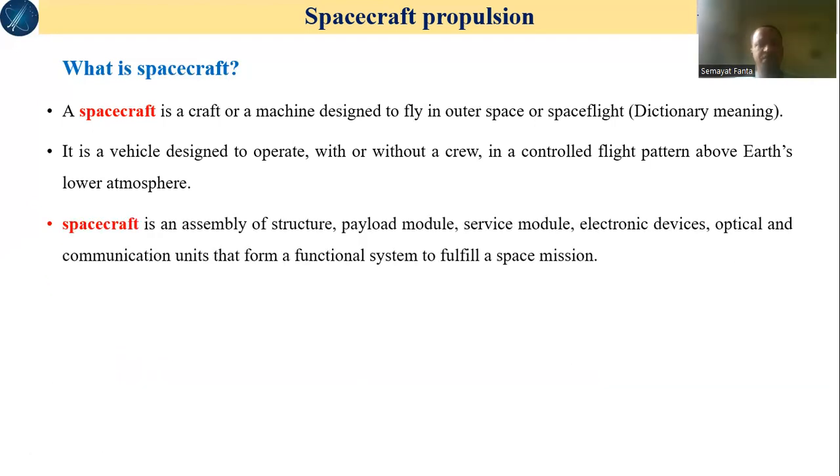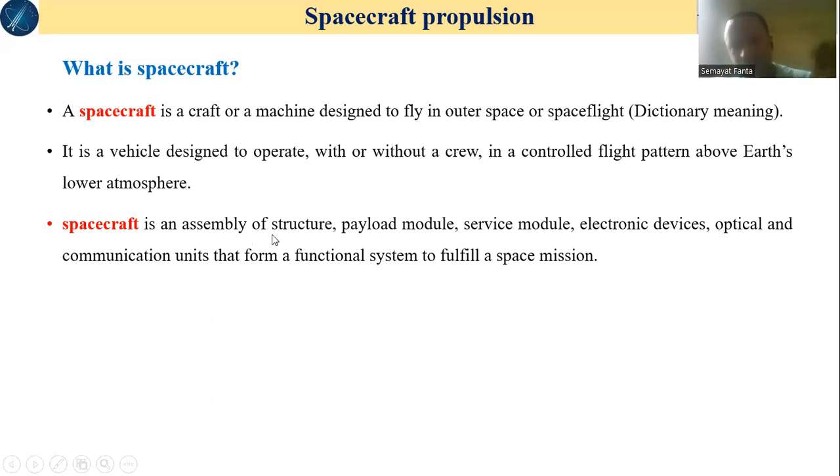So a spacecraft is an assemblage of systems like structure, payload, service modules, electrical devices, and optical and communication units that form a functional system to fulfill the space mission. This is why I'm asking about your background.